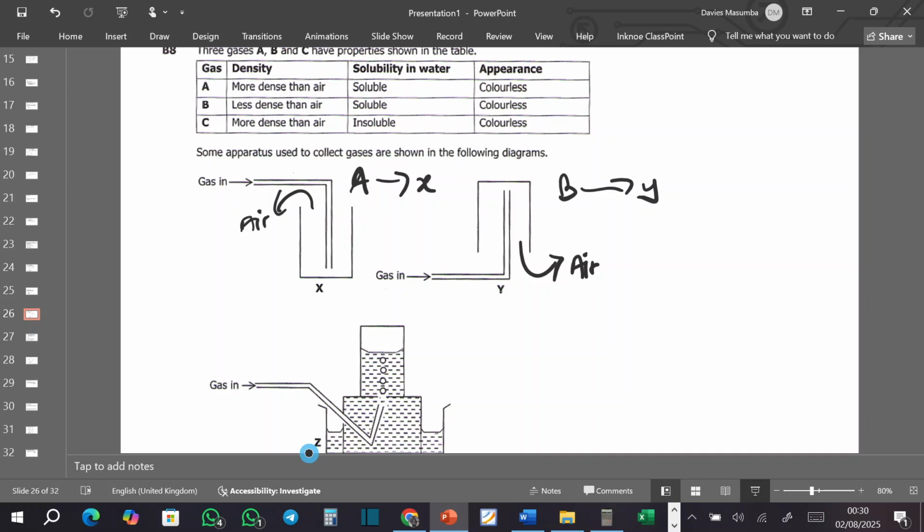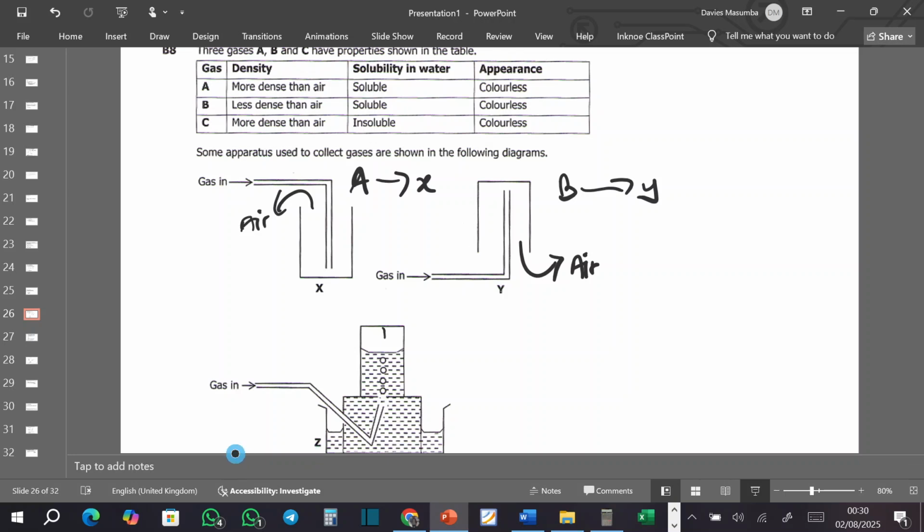Then this one, more dense than air and is insoluble. It can come here, but now it will go there like that.